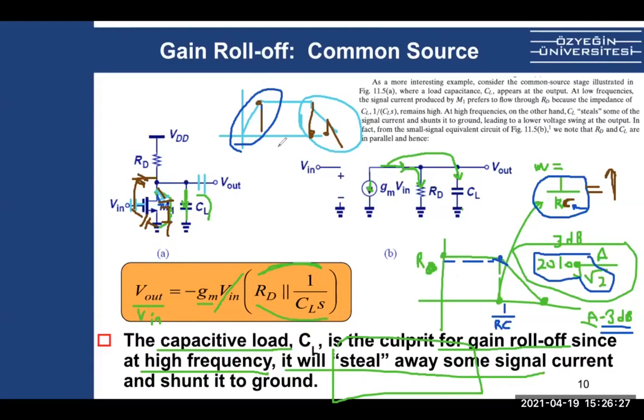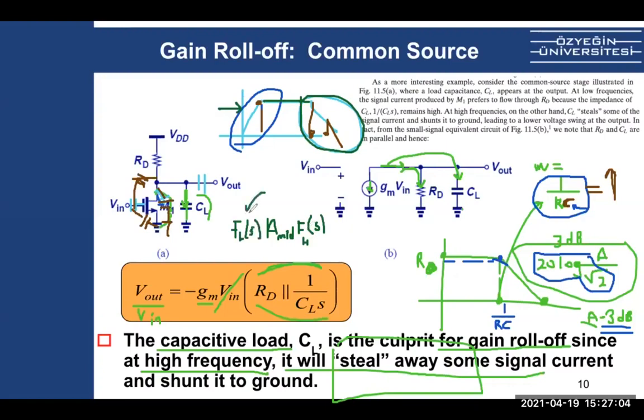So we basically represent this frequency response as 3 terms: mid gain, A mid, and high frequency term, F H of S, and low frequency term, F L of S. Okay.